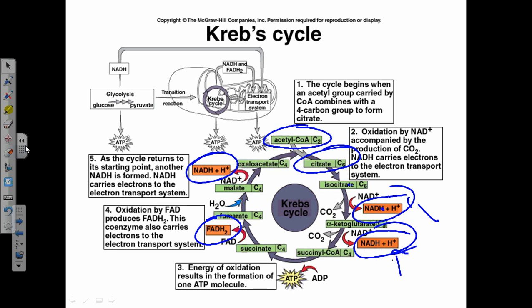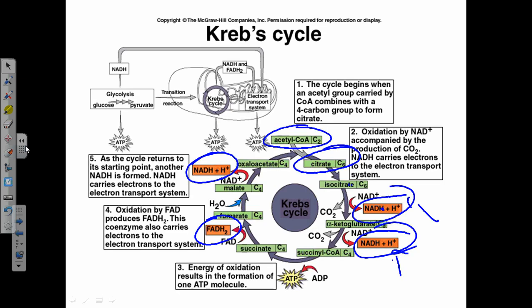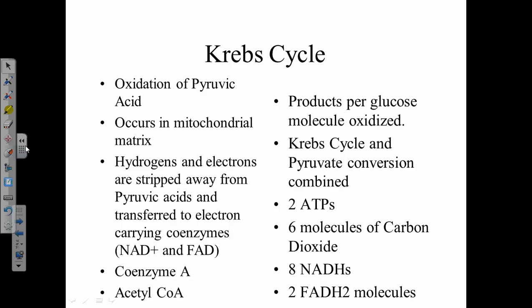So we end up with Krebs cycle. Back up the slide here for a second. I've summed together the things that get made between Krebs cycle and the pyruvate conversion together. And this is per glucose. Make 2 ATPs, which is very little. 6 molecules of CO2 are released. That makes sense because we started with C6H12O6, right?